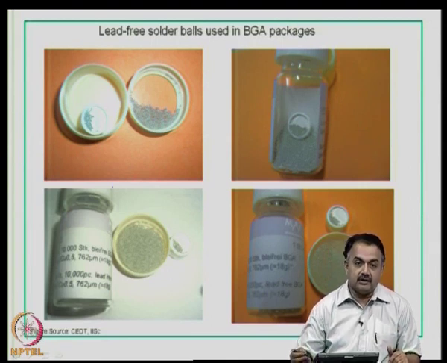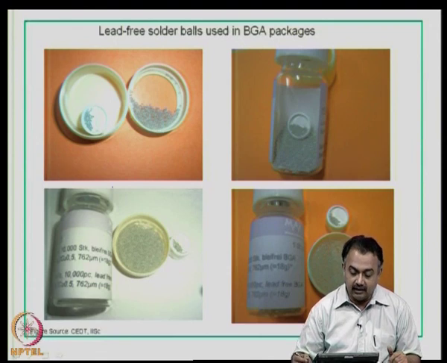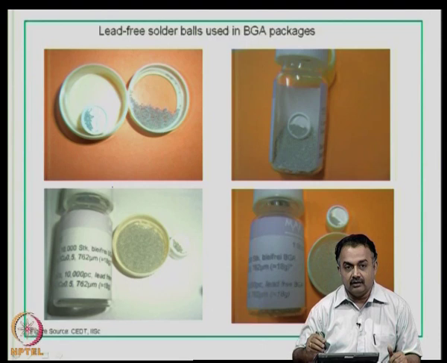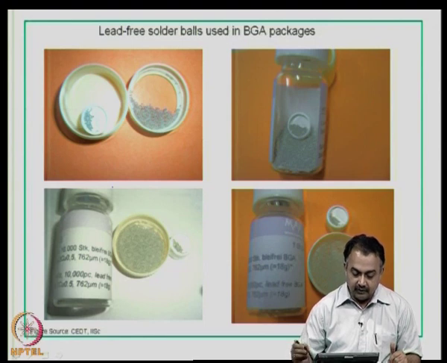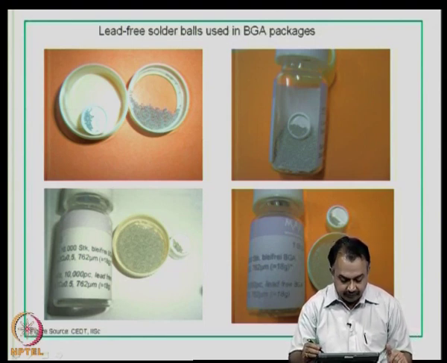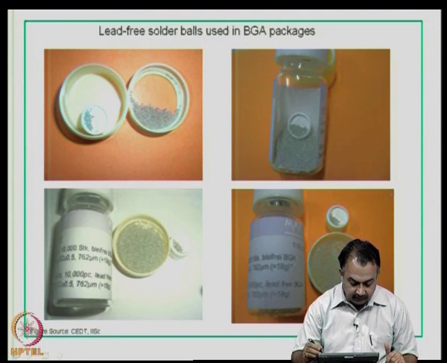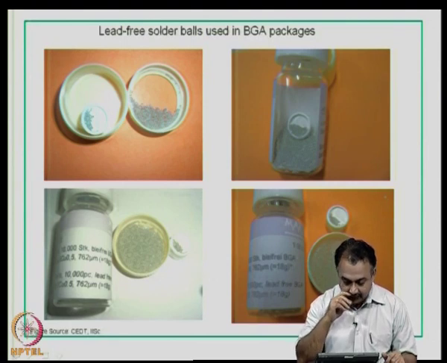Because of repeated thermal cycling, there is a failure in the BGA package. You want to remove the BGA package, mount another one, or repair the existing BGA because of a poor solder interconnect. So, you can see this is BGA solder balls. Typically, the dia of this is about 762 microns, okay, close to about 0.8 mm.